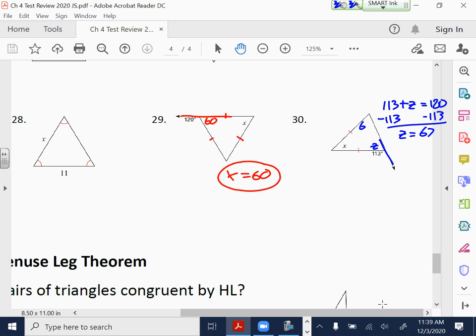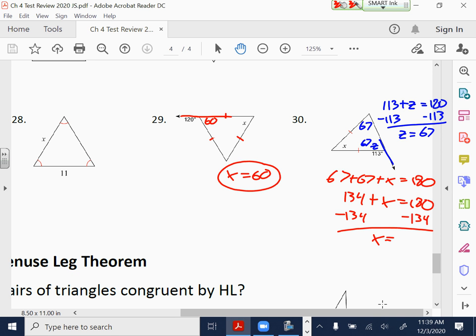So if this is 67 and this one's 67, now we have 67 plus 67 plus x is equal to 180. That's 134 plus x is equal to 180. We subtract 134. X is equal to 46.